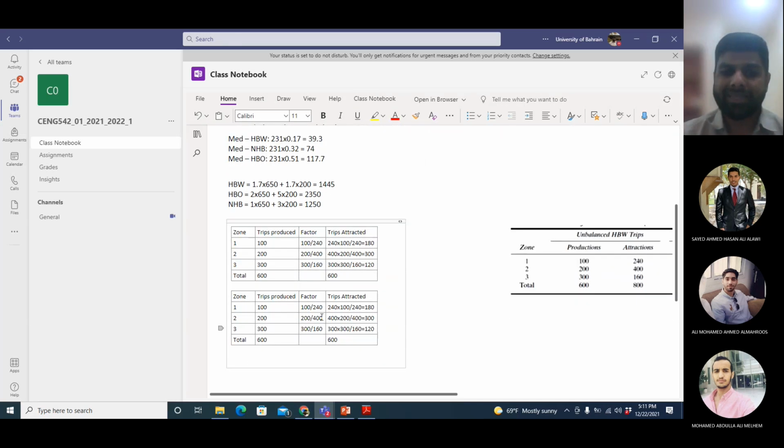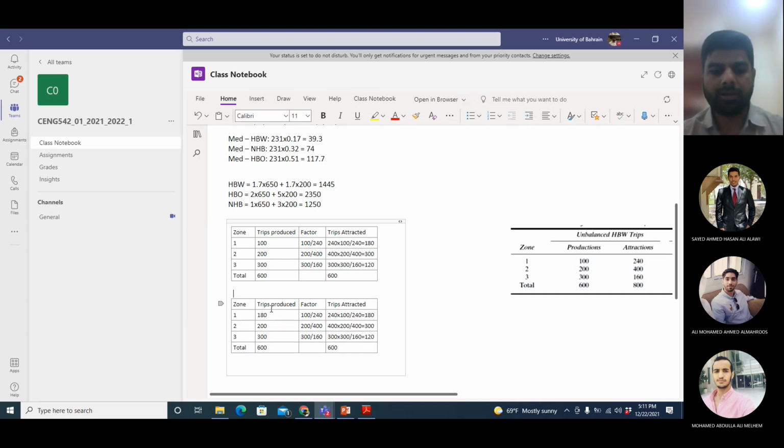You will still make the same table, you will still calculate trips attracted, but after calculating these numbers, you will change trips produced to this number. So instead of 100, it will become 180. Let me write it here.